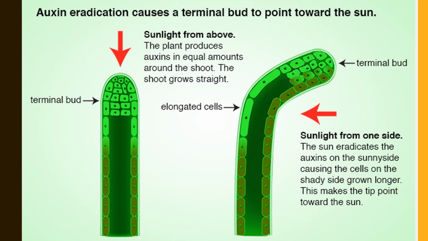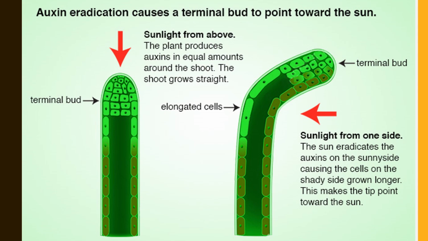But in the second picture you see the terminal bud, the stem is a little bit bent. Why does this happen? Because it is getting sunlight from one side. The part of the stem or bud on that side loses auxin. Auxin gets removed from that side. The sunny side, which is facing the sun, does not have auxin.